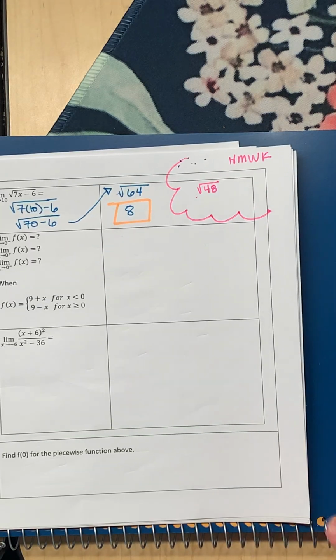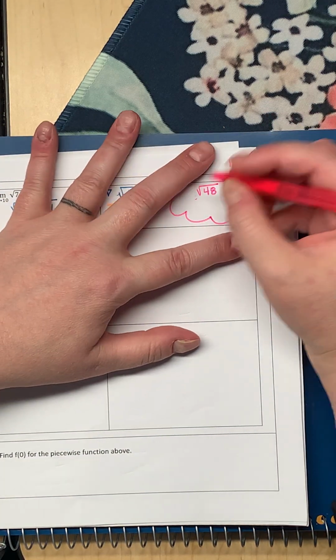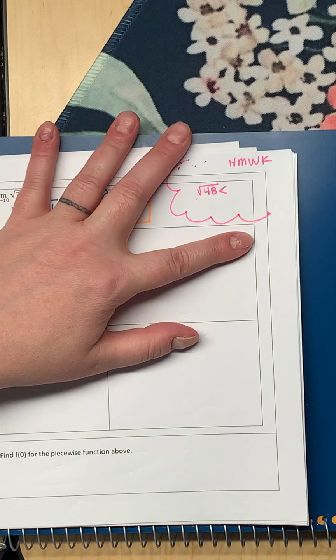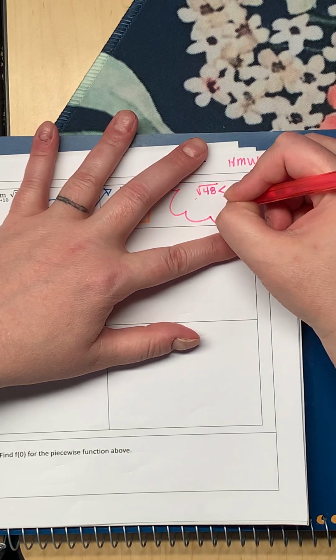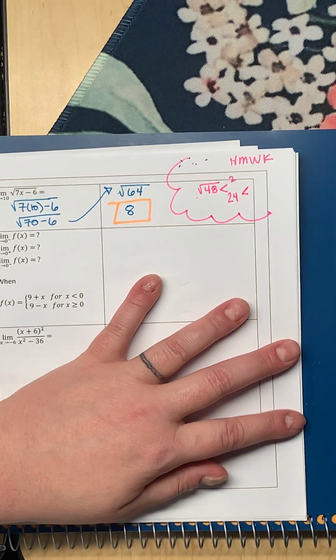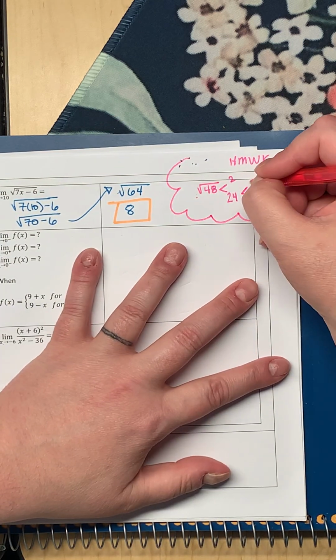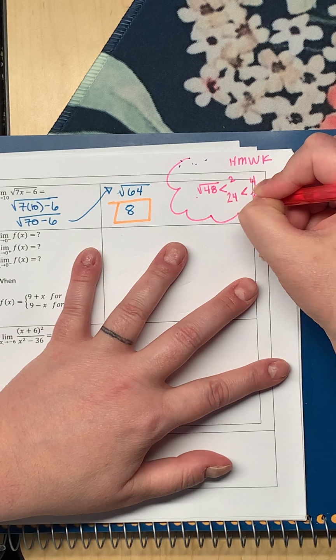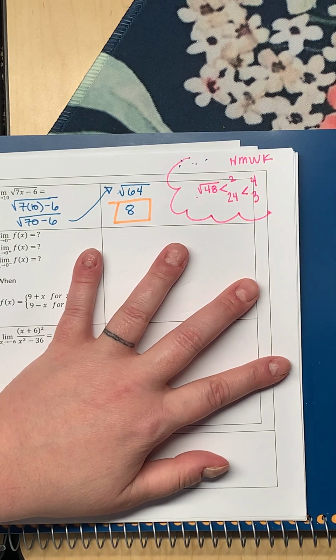So instead, I'm just going to start breaking this down. Like, what multiplies to 48? A 24 and a 2. What multiplies to 24? Lots of things, but I'm just going to go ahead and say 4 and a 3. That's not right.